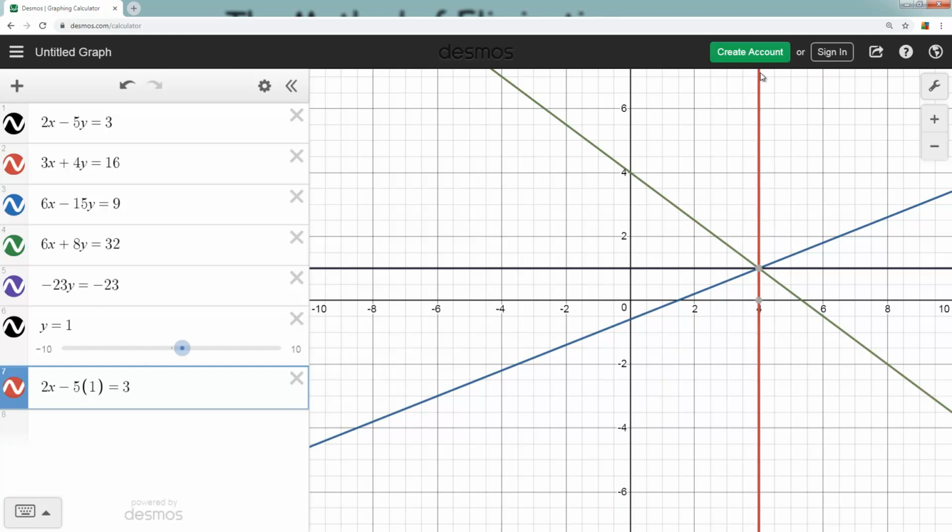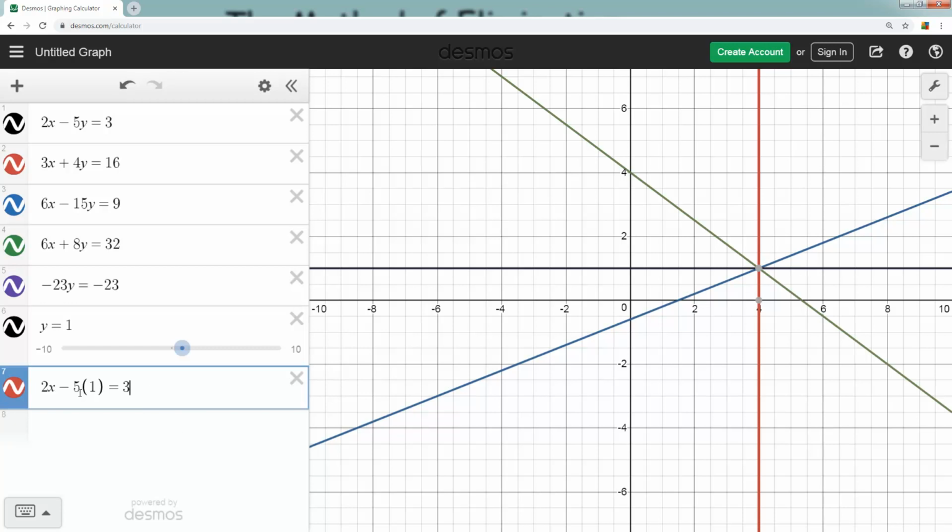Okay, so notice what that gave me is a line. See, every time I do one of these new multiple lines here, I'm getting a new line that still goes through exactly the same point. Okay, so when I added these two multiples, that negative 23y equals negative 23, that was this line. It still goes through exactly the same point.